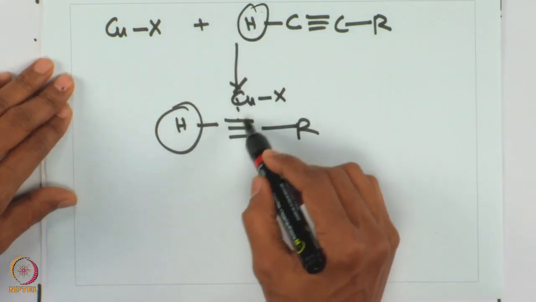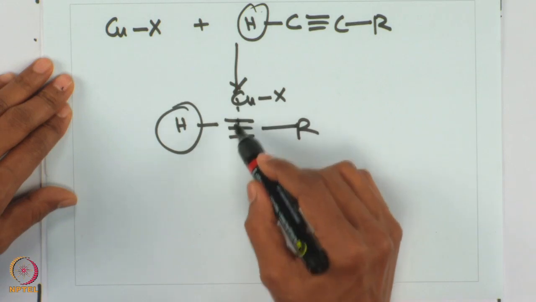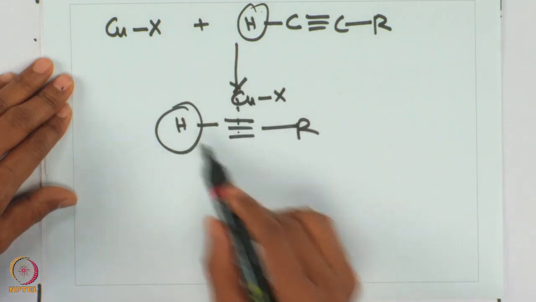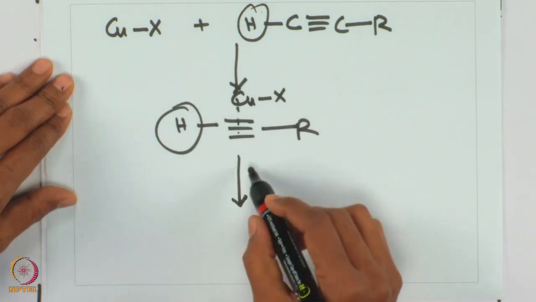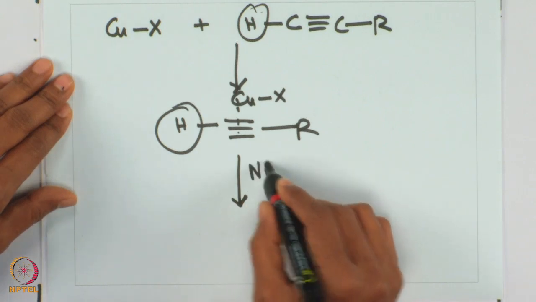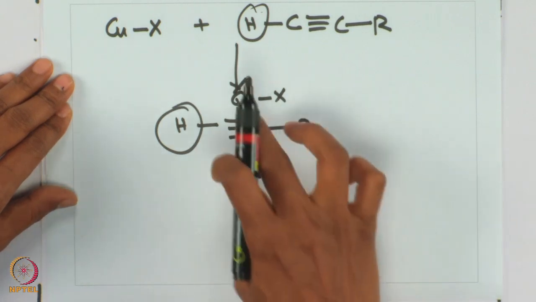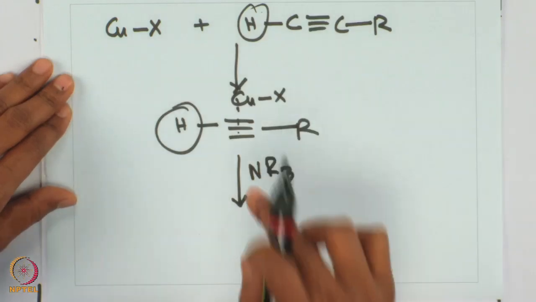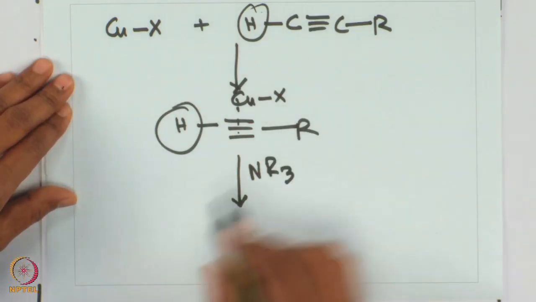It is required to have the copper interaction, and therefore, it is now acidic enough for triethylamine to deprotonate. So, without copper this deprotonation just by amine will not be possible.